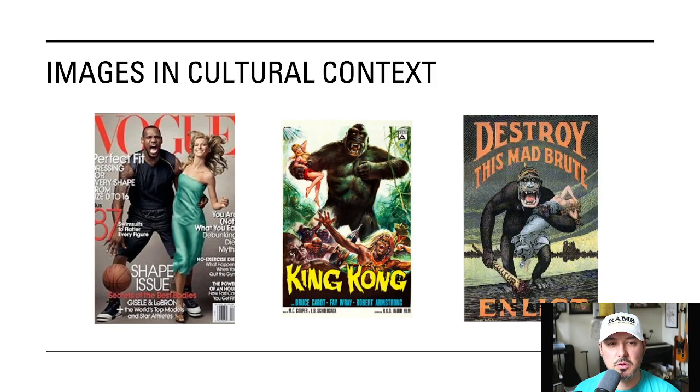When you look at them and you consider them in context, you can understand how this magazine cover would have been so controversial at the time. And it certainly, or at least seemingly, was not intentional on the part of the photographer or on Vogue magazine to present LeBron James in this way.